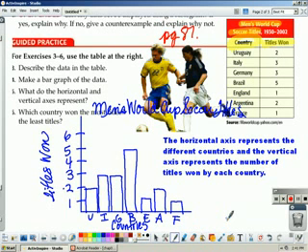I use a magic word to prove my answers. What's my magic word? Anybody know the magic word to help us prove? Because.